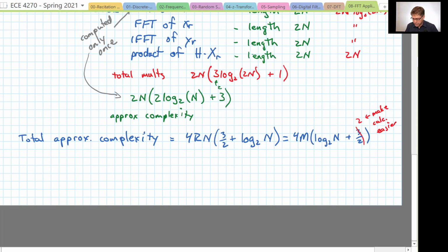Okay, so when is this more efficient? This is more efficient if this quantity here is less than m times n. So it makes sense to go through all this trouble if it saves computation.